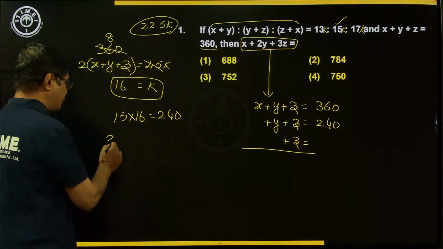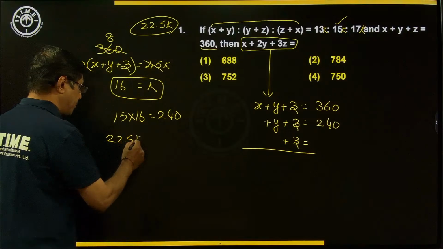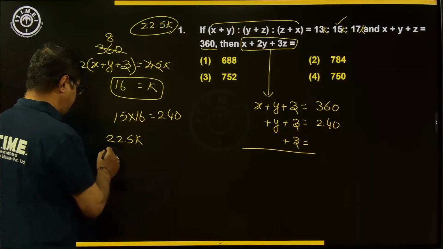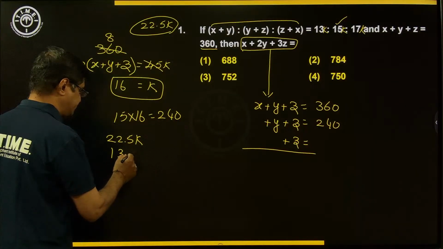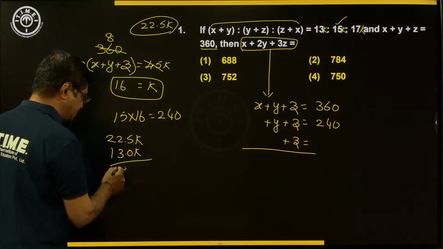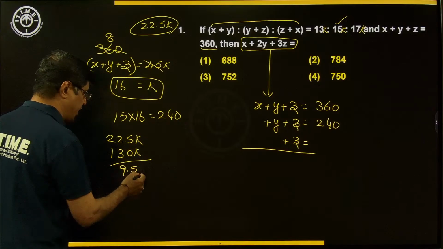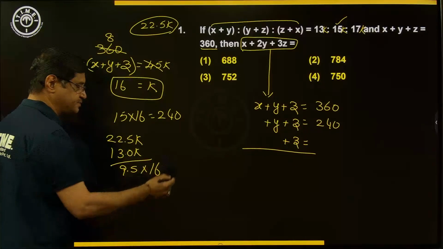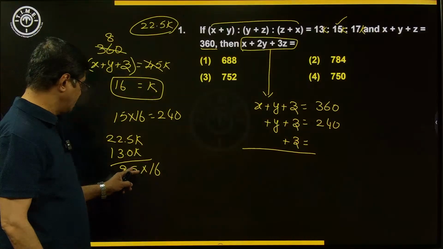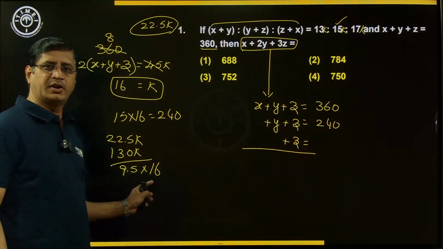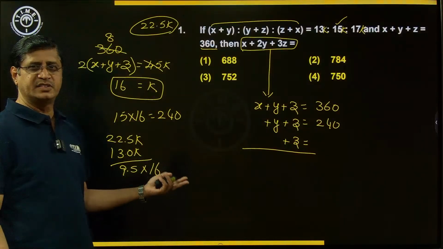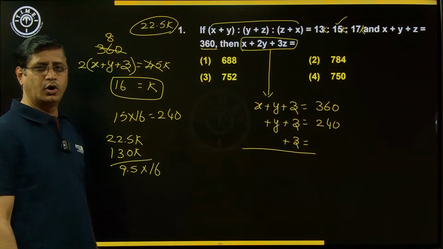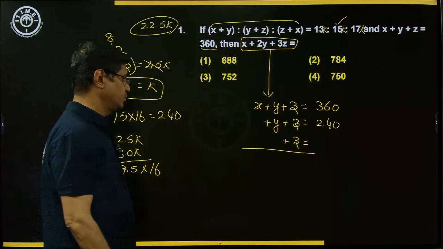That 22.5k minus 13k, now simplify this, the value is 9.5k. The value of k is equal to 16. Now just observe, 9 times 16 is 144. 0.5 is half of 16, that is 8. 144 plus 8, that is 152.